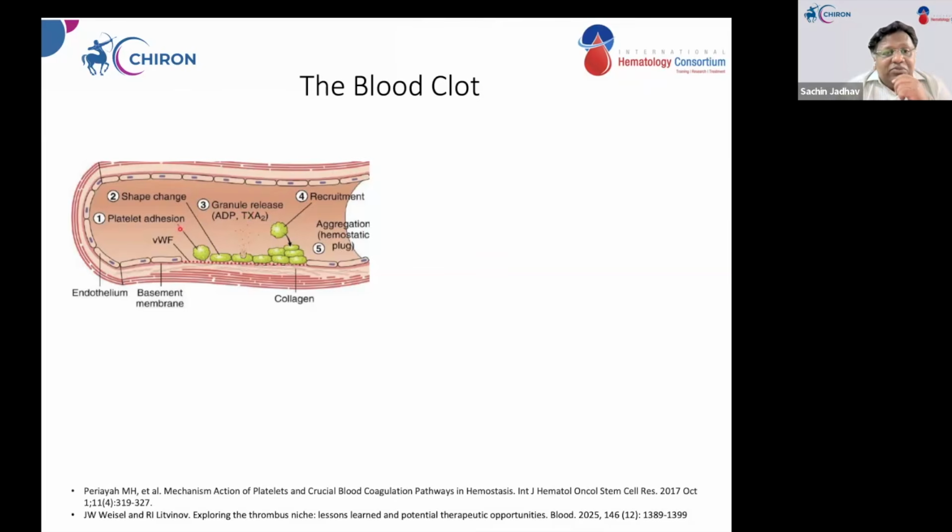The second job is, by chance, if there is a break in the blood vessel, you can see this is the vascular endothelial lining. And if there is any break, any damage, either from inside or from outside, if there is a cut, if there is a trauma, then the blood vessel has to ensure that there is no leakage of this liquid. And that is done by means of creating a blood clot.